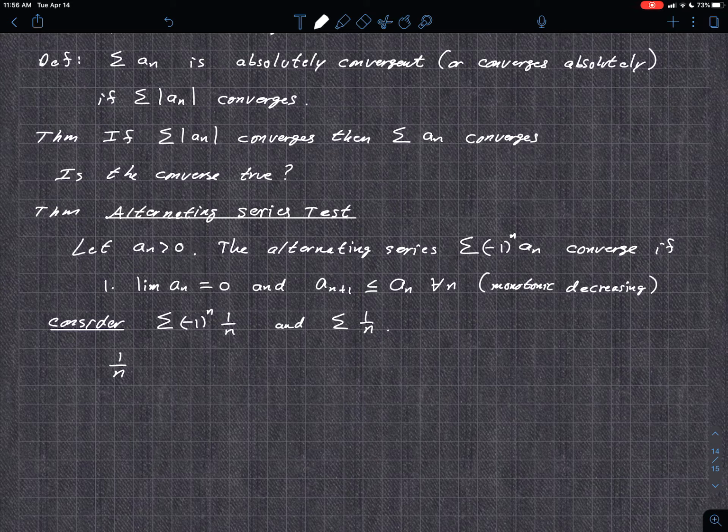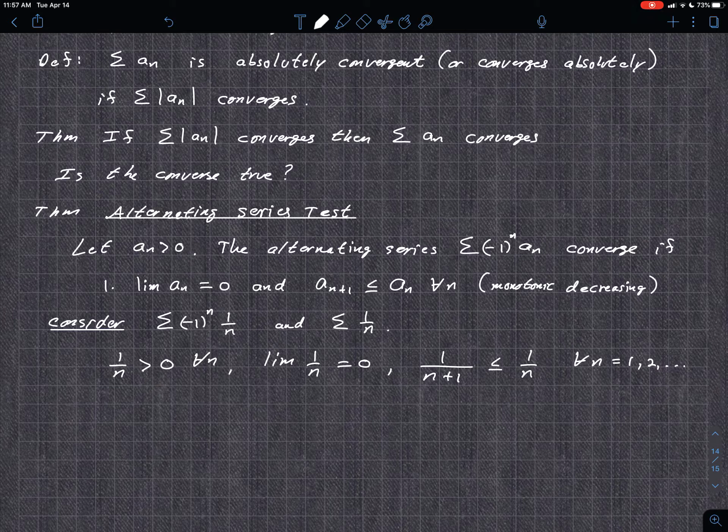Well, we know that 1 over n is positive for all n, right? We know that the limit of 1 over n is equal to 0 as n approaches infinity. Okay, and then we also know that 1 over n plus 1 is less than or equal to 1 over n for all n.